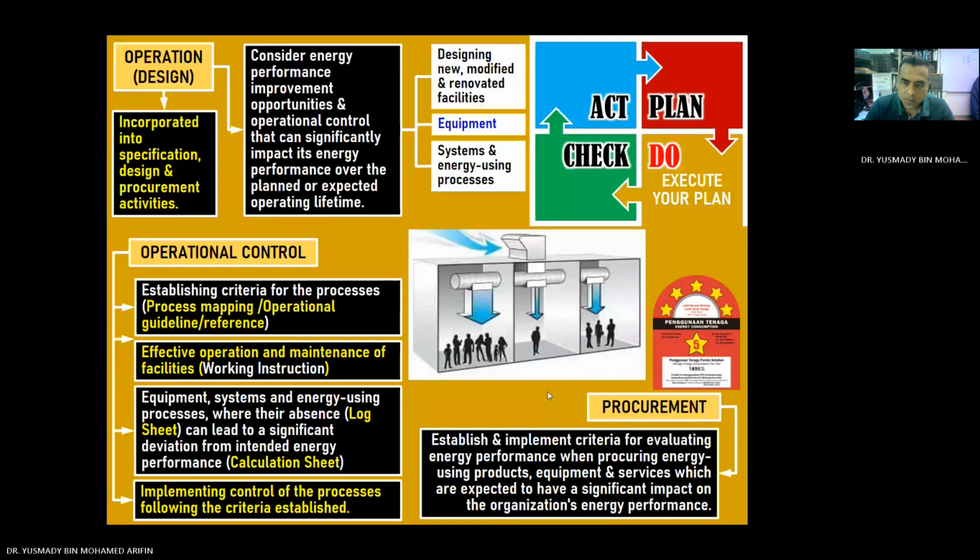The figure shows the label that is normally attached to equipment that meets energy saving criteria. So before we buy certain machinery or equipment, we need to look at this kind of label.